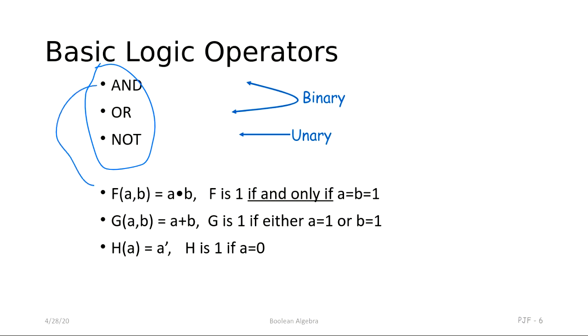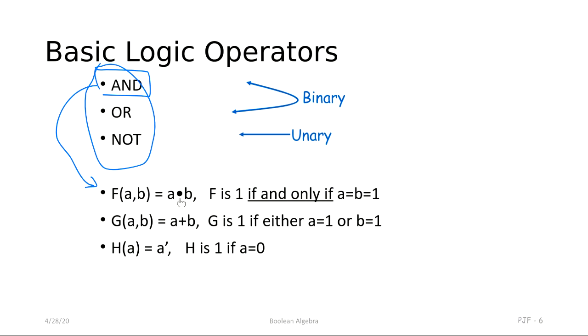If you look at this, this is the function in bracket a comma b. So AND means you are actually multiplying a into b. Dot means multiplication. So whenever you read here or hear that we are talking about the AND function, in the background you can think that we are talking about this multiplication function.